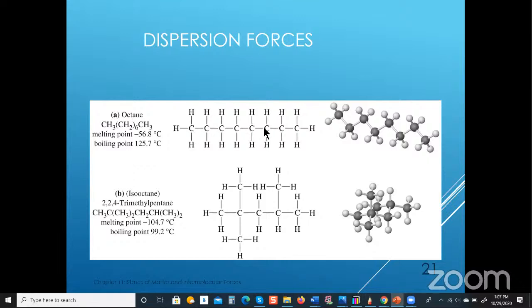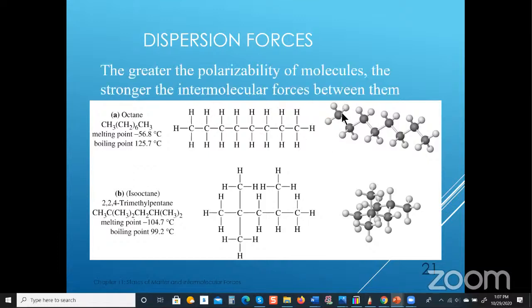If you imagine several chains of this type, they'll be on average closer to each other, and therefore the London forces would be greater, all right? But the general trend is that the greater the polarizability of the molecules, the stronger the intermolecular forces between them, and therefore the greater their boiling points.